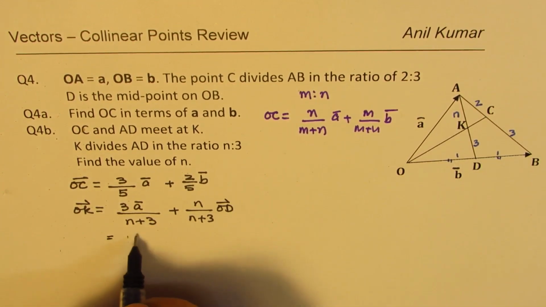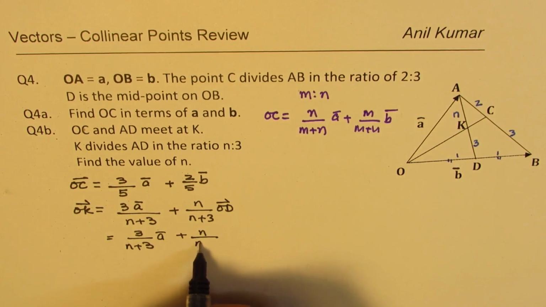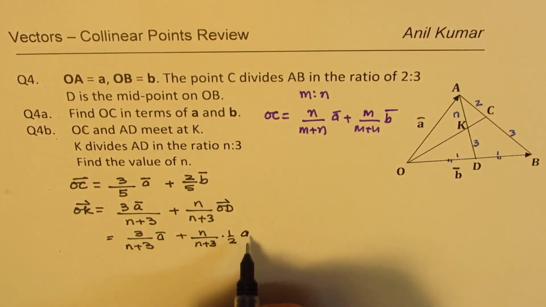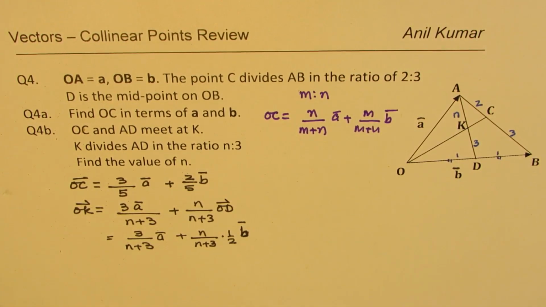So we can write this as 3 over n plus 3 A plus n over n plus 3 times half of B.